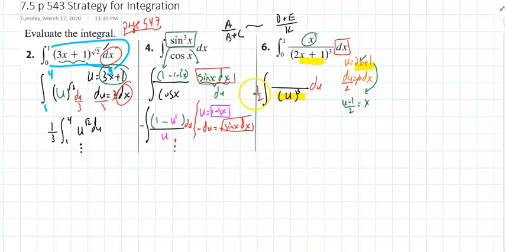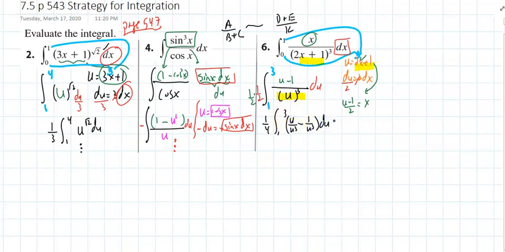So I would multiply by another 1/2, and that will be a u minus 1, and I should also change the limits in the integral. In this case, if I let x equal 0, u will be 1, and if I let x equal 1, u will be 3, and this is much simpler to split. That's 1/4 the integral from 1 to 3 of u over u cubed minus 1 over u cubed. Simplify, add 1 to the power, divide by that, and there it is.